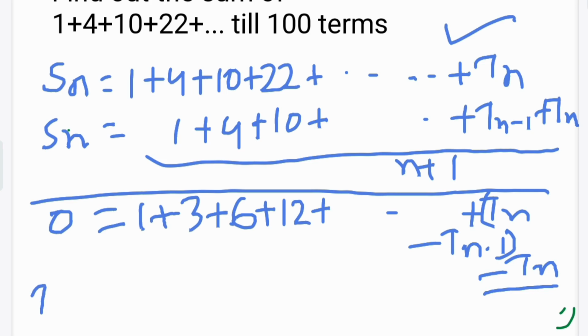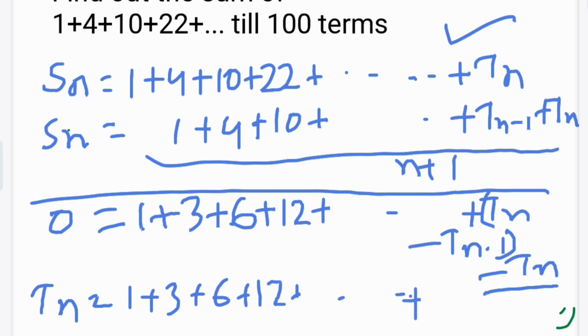So Tn equal to 1 plus 3 plus 6 plus 12 and so on, and the last two terms are Tn minus Tn minus 1, right? And now the total number of terms here is n, as we took the last term, that is Tn, at the left side.